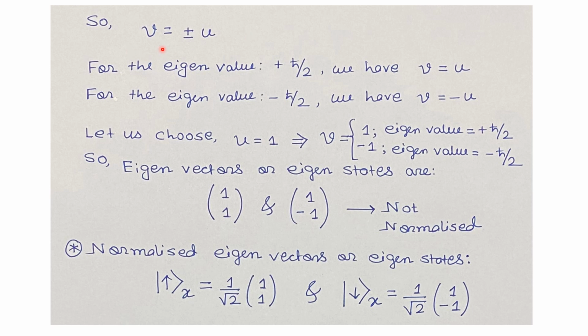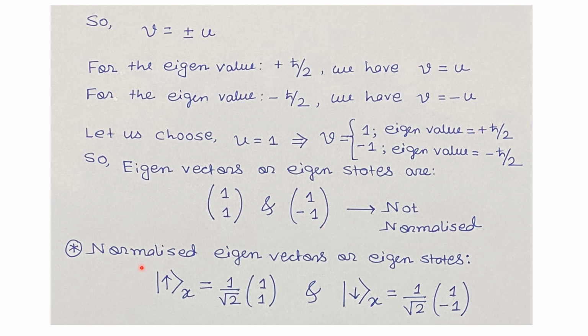So we get v equals plus minus u. For the eigenvalue plus ħ/2, we have v equals u. For the eigenvalue minus ħ/2, we have v equals minus u. Let us choose u equals 1. Then v equals 1 for the eigenvalue plus ħ/2, and v equals minus 1 for the eigenvalue minus ħ/2. So the eigenvectors or eigenstates for the spin operator Sx cap are (1, 1) and (1, minus 1), but they are not normalized.